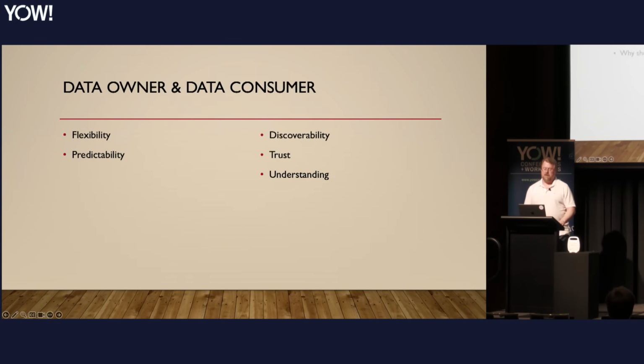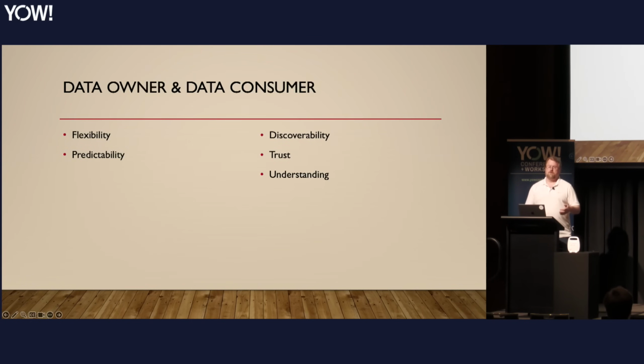And in fact, if you look at what this data mesh paradigm gives you as an owner and as a consumer, it starts to look a little asymmetric. So as a data owner, I get flexibility to change the internals of my data definition as long as I keep the contract the same. And I get some predictability about the changes I make inside my product because I know that nobody else is depending on the internals. The consumer gets discoverability, trust, understanding.